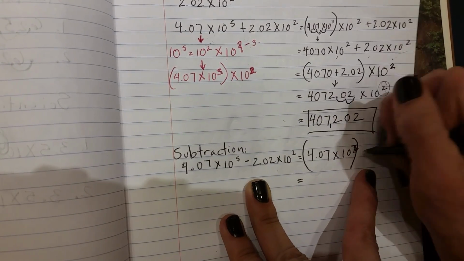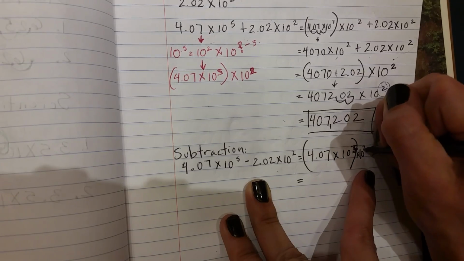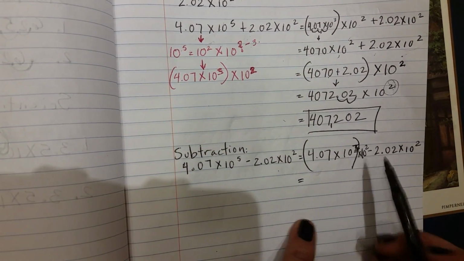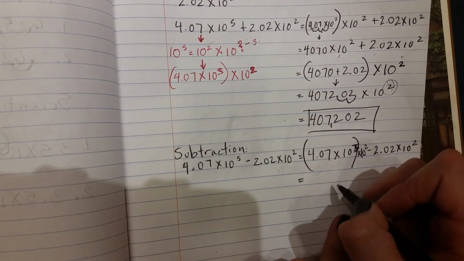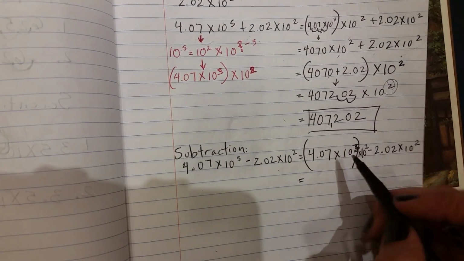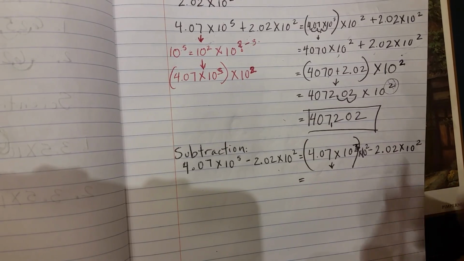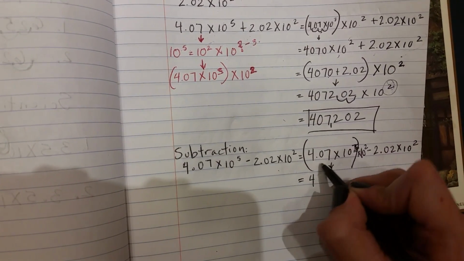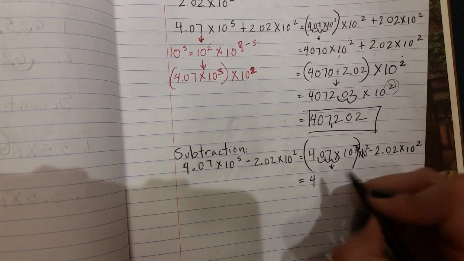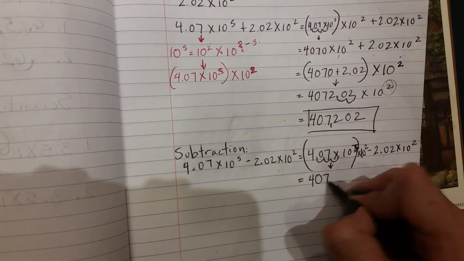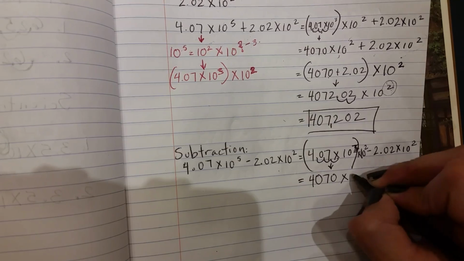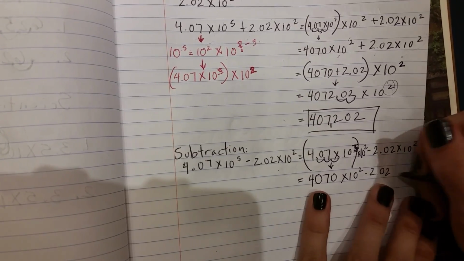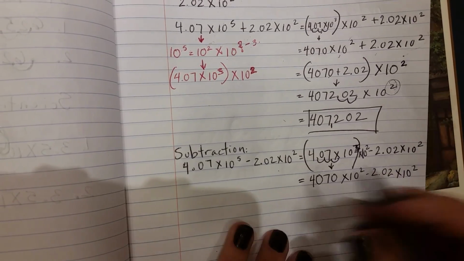You're probably like, Miss McKenna. Whoops, see how that one was written out like that, and now I'm writing it again like that. My bad, guys. All right. Now we are going to take this, and just like we did here, we're turning it back into standard form. So remember, bring your decimal point over 3 times. 4,070 times 10 to the second power minus 2.02 times 10 to the second power.